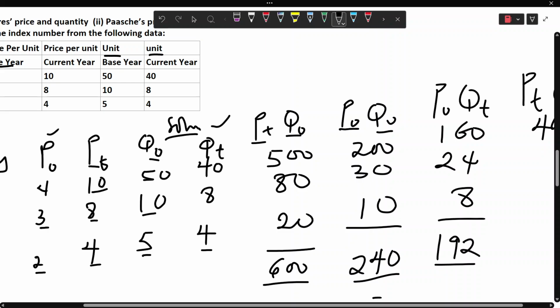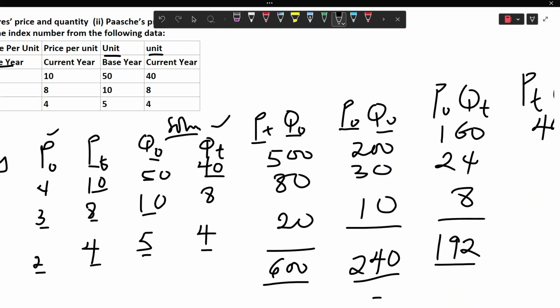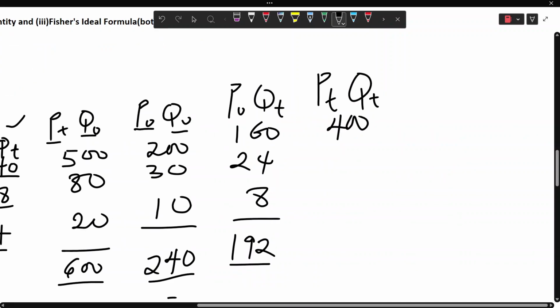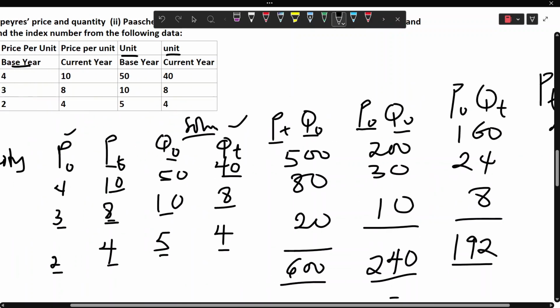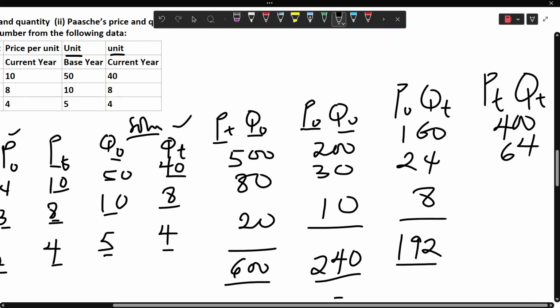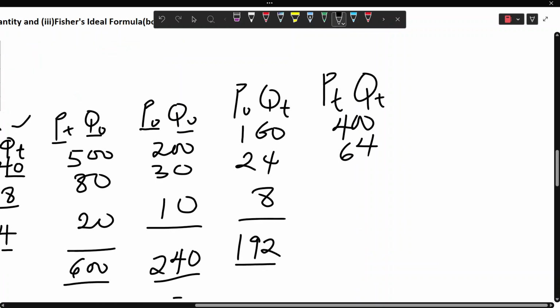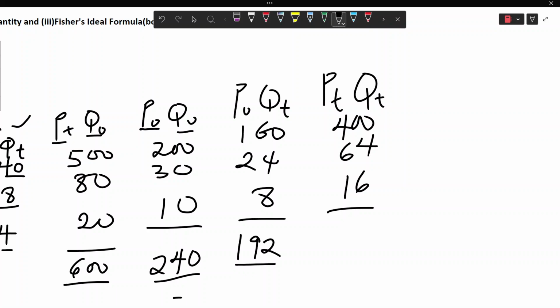Then the next one is 8 and 8, 64. And the last one is 4 and 4, which is 16. Now the summation: 400 plus 64 plus 16, 480.